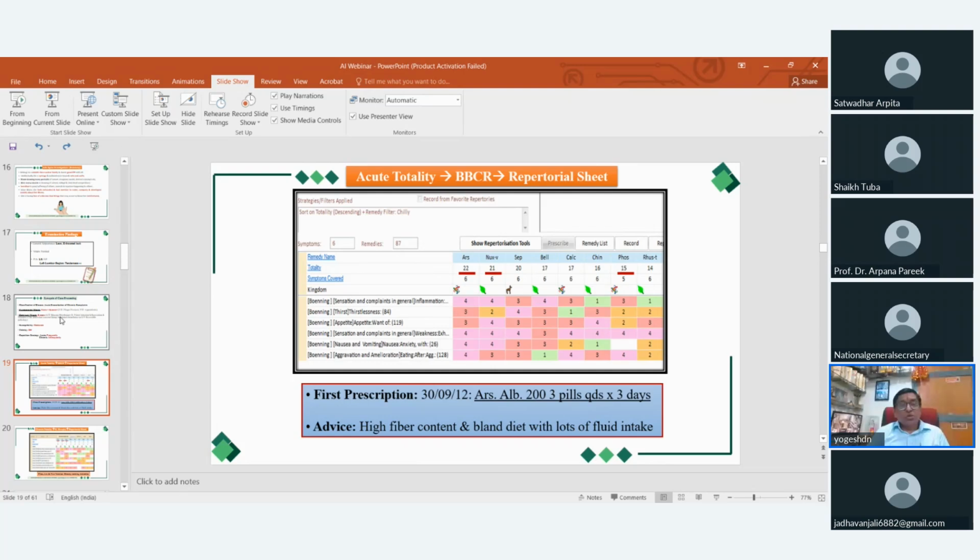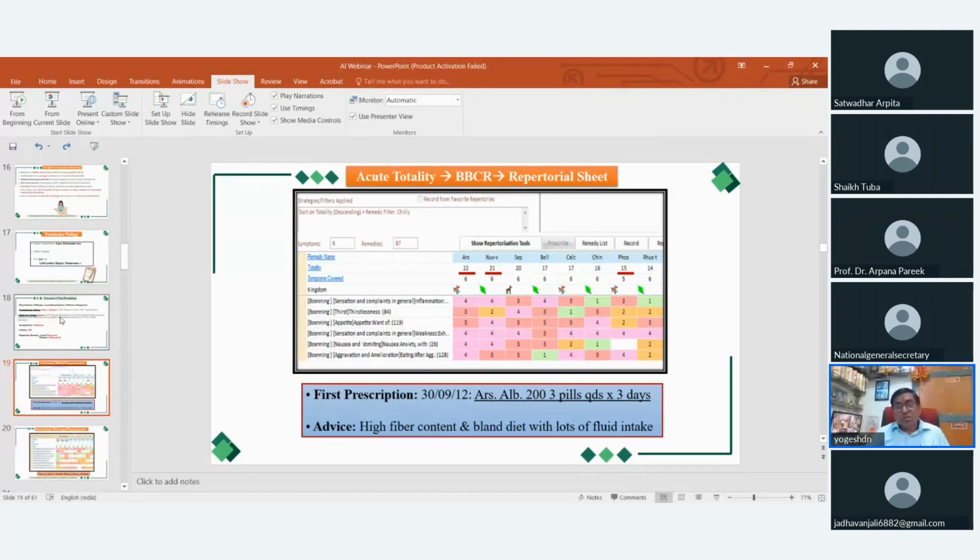Okay. So as per the BBCR, as I had chosen this repertory for the totality, we can see the sensation and complaints in general, that is of inflammation, the GIT involvement. Other things were thirstlessness, appetite want of, general weakness, nausea, anxiety with, and aggravation after eating.